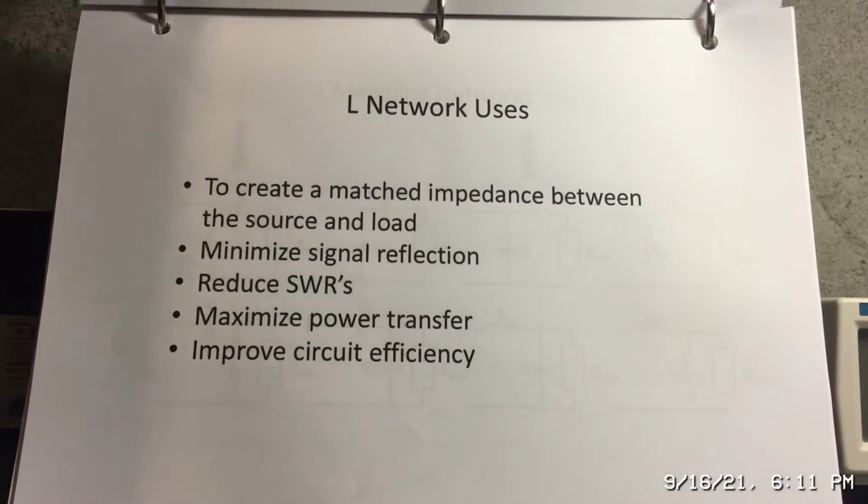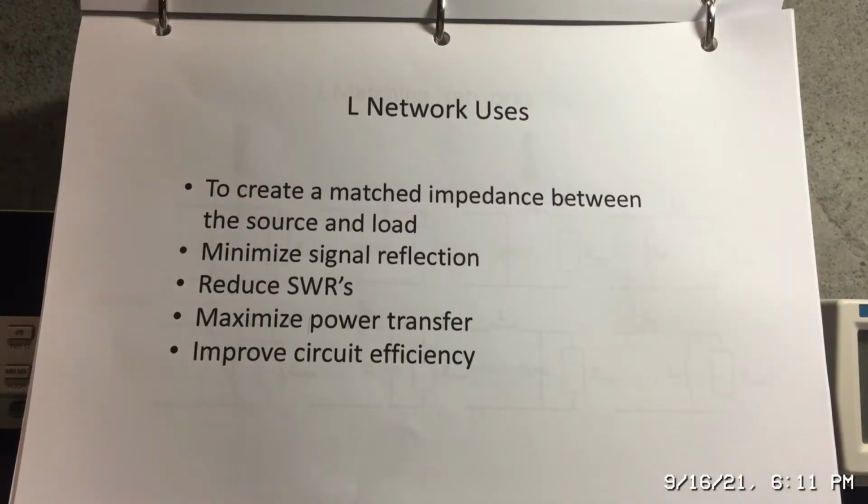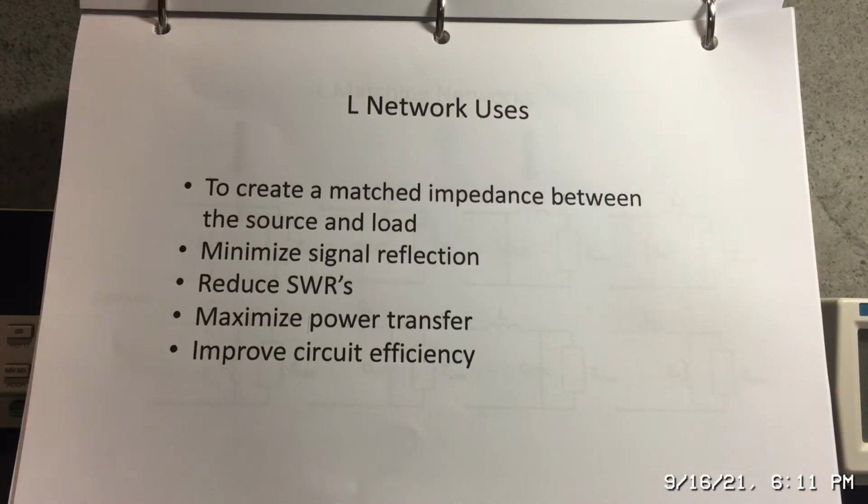So what are the various uses for L networks? We already said to match impedance, but what does that do for us in an RF system? It minimizes the signal reflection, the amount of signal being reflected back into the amplifier.